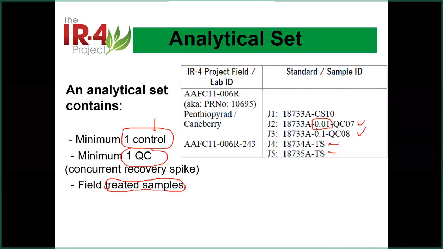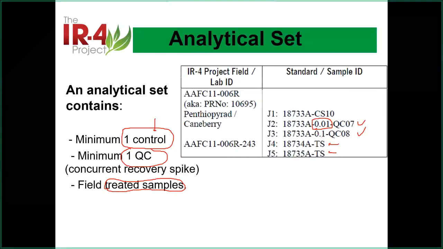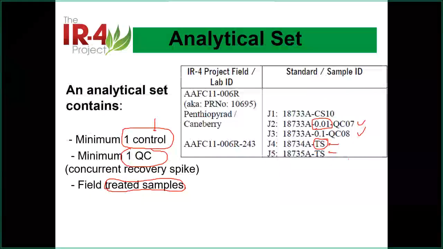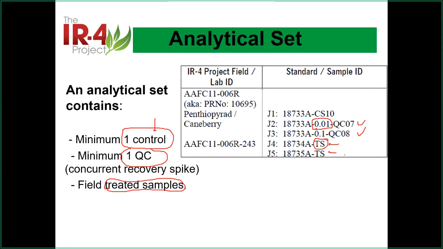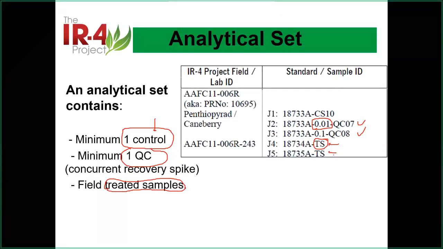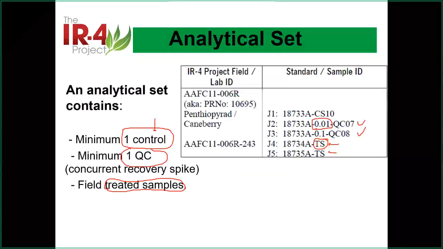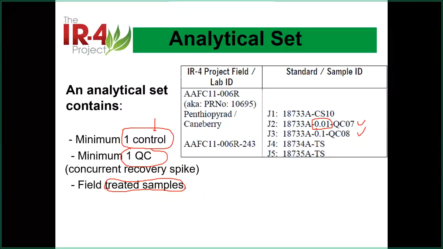But the EPA requirement is you should have a spike level similar to your treated samples because that more realistically reflects your sample. We don't know what's really going on in the treated sample. If we did know, we wouldn't need to do our work, but you use your scientific judgment. So in EPA work, most likely you can spike almost anything, as long as you have good common sense and scientific sense for this level.